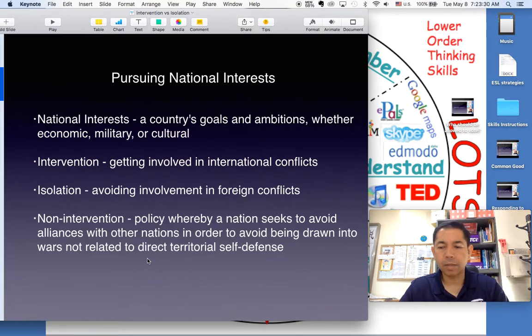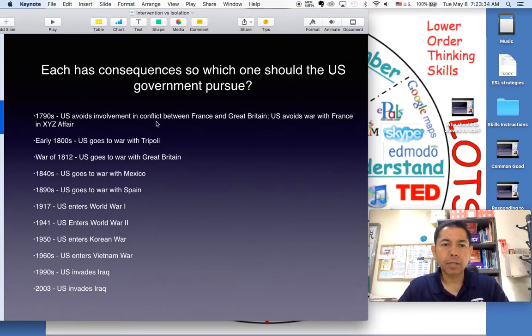So they're protecting their own people, not protecting others. And so when we get down to U.S. conflicts, we've studied a few of these already, and so the U.S. here avoided involvement in a war between two other countries, and so that would be an example of isolation.